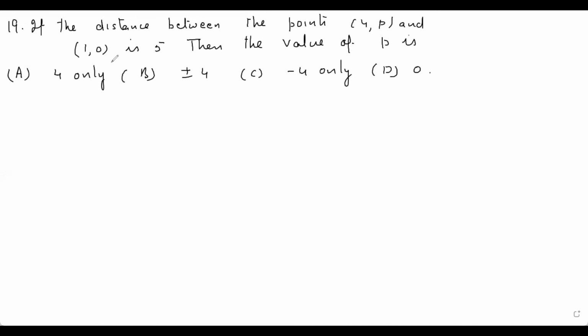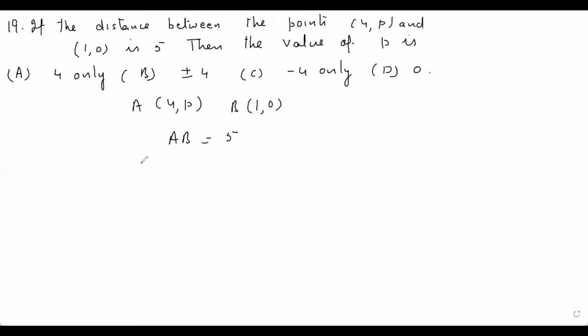Now the 19th question is: if the distance between the points (4, p) and (1, 0) is 5, then the value of p is. There are 4 options. You have to find the right one. Let the point (4, p) be A and the point (1, 0) be B. The distance between A and B is 5.